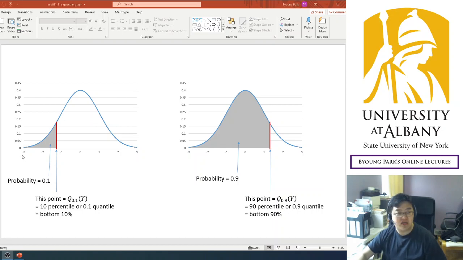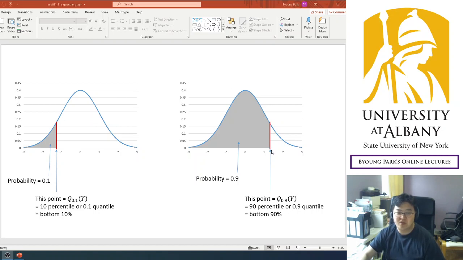The point here is that we are calculating the left side area, because the distribution function is defined as the probability of being smaller than a certain point. So the distribution function is capturing this area. Similarly, if you think about 0.9, to have 0.9 area, you have to calculate the area up to this point.